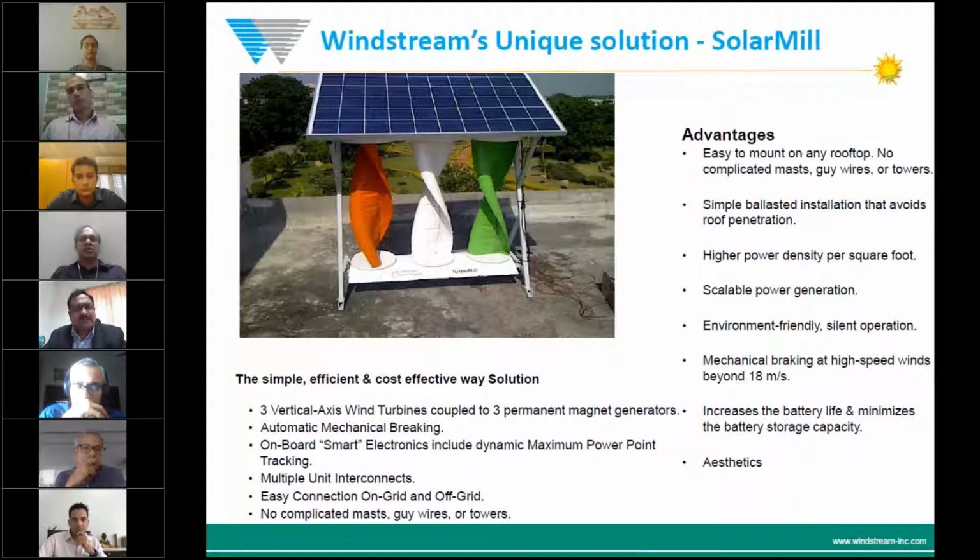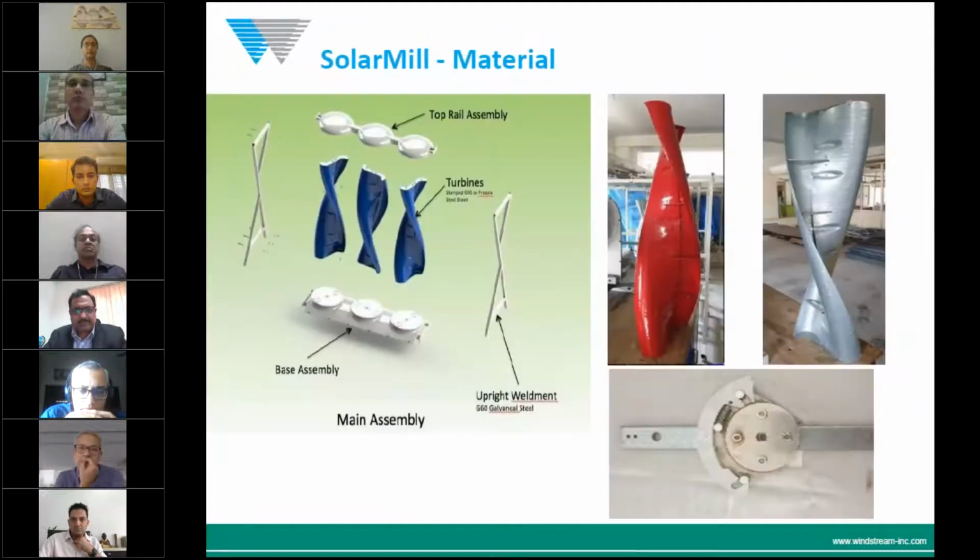Okay, and because of the design, it does not need heavy foundations and other things, which is one of the constraints of having small wind on the rooftops. If you look at the construction, it is a do-it-yourself kind of system where we have steel, electronics, and plastic.